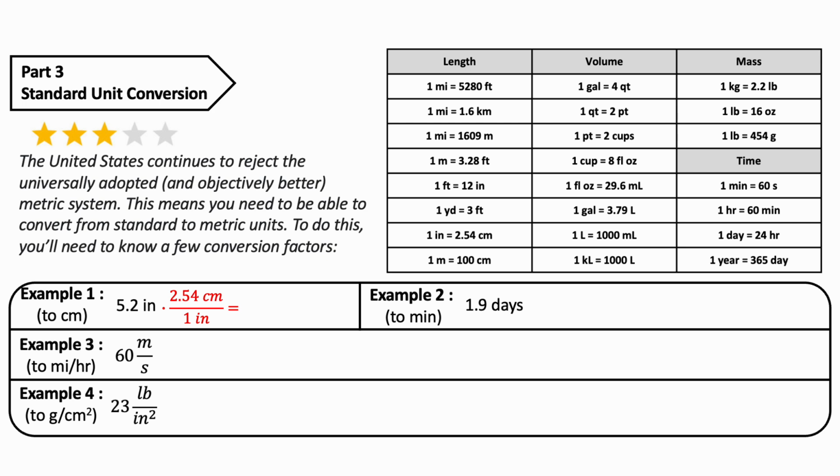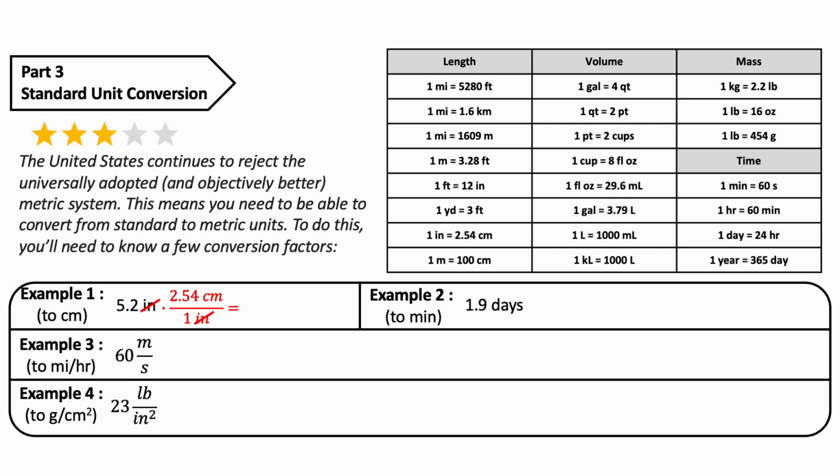But what the actual result of this is, I'm not actually multiplying by 1. We see I'm going to do 5.2 inches times 2.54 divided by 1, but that 1 just cancels out. But I'm going to get a new number, but a new number that is expressed in centimeters. And how I know my final unit is going to be centimeters is a very important step: we look to see what cancels when we set up this statement.